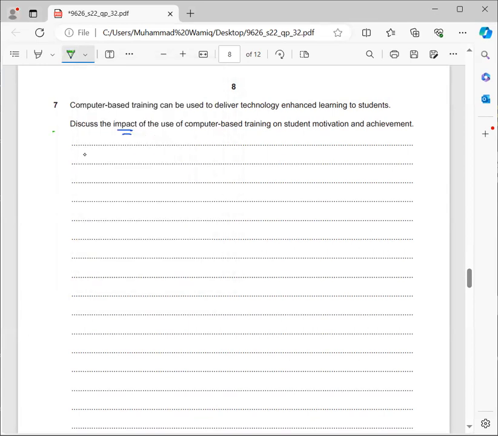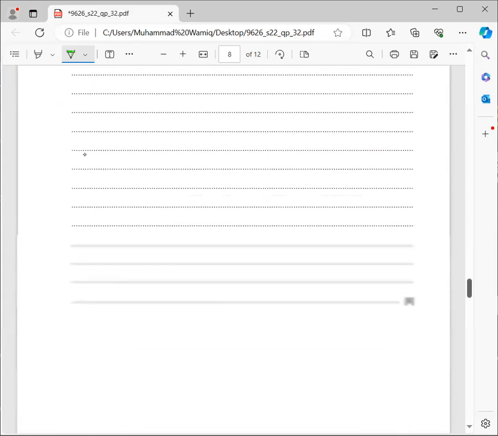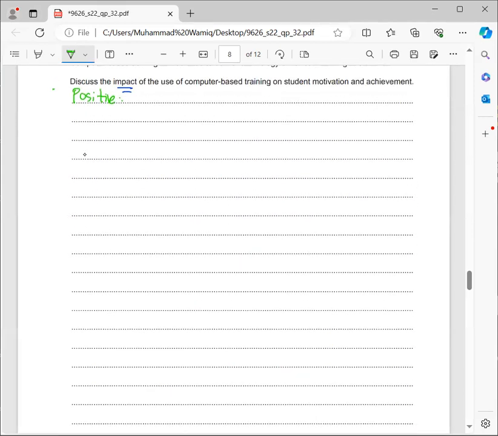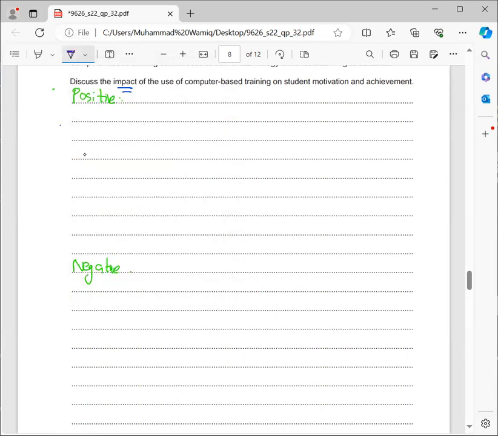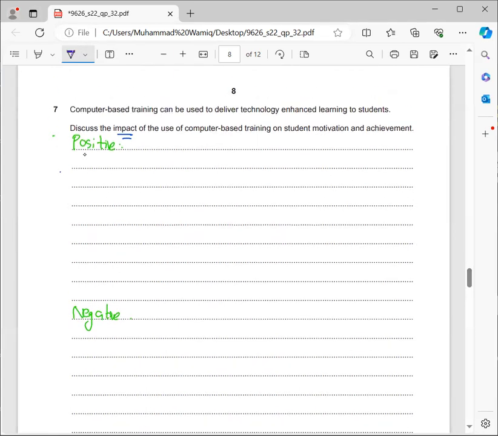So I'm going to give one title of positive impacts, and this is for 8 marks. So 4 points for this and 4 points for this. Maximum, you need to write 6 bullet points. So positive impacts of computer-based trainings.